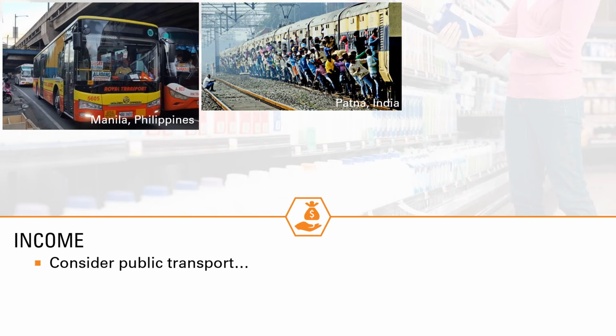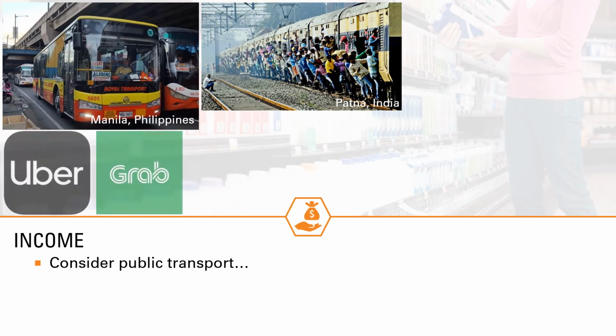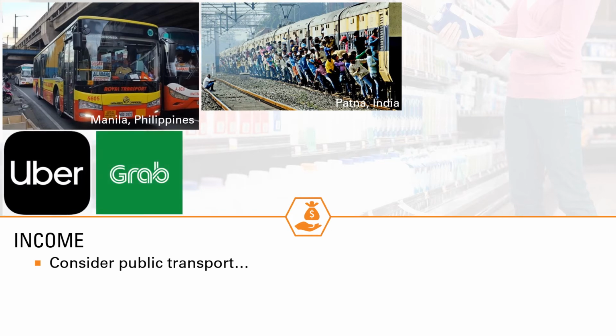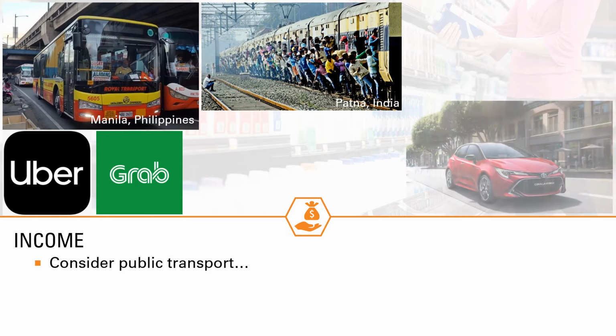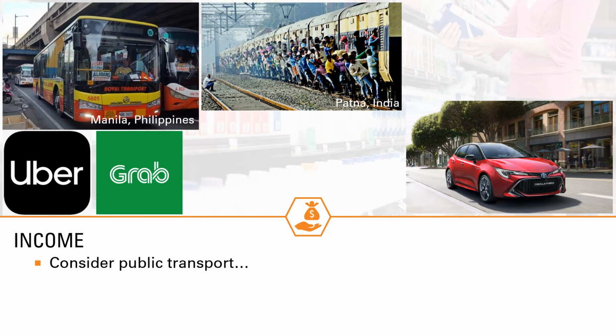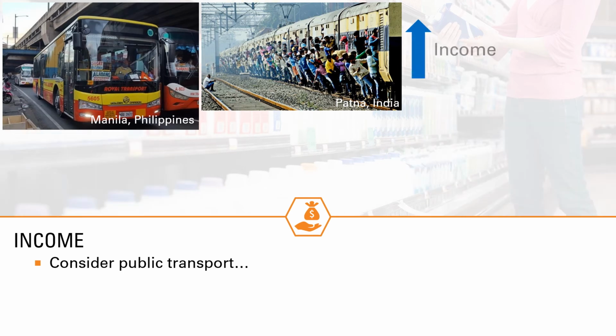If your income increased, let's say you've got a bit more money, you've got more money to spare, you probably will just go for an Uber or Grab, right? So that means the more income you have, you probably wouldn't want to go for this. Or even if you really have that much more money, you just buy a car and get rid of public transport in itself, right? So that means public transport is one of those things where we increase the income, and demand decreases.